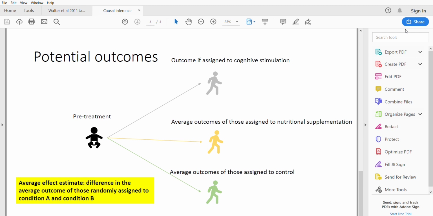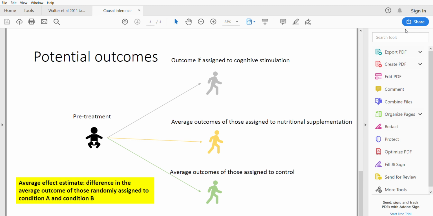This is why random assignment is so crucial, or techniques to sort of replicate random assignment. The reason being that if we had allowed units to select which treatment they received, we'd run the risk that units that selected into nutritional supplementation had systematically different potential outcomes than those who selected into cognitive stimulation. And that would make it impossible to use them as proxies for the cognitive stimulation group.